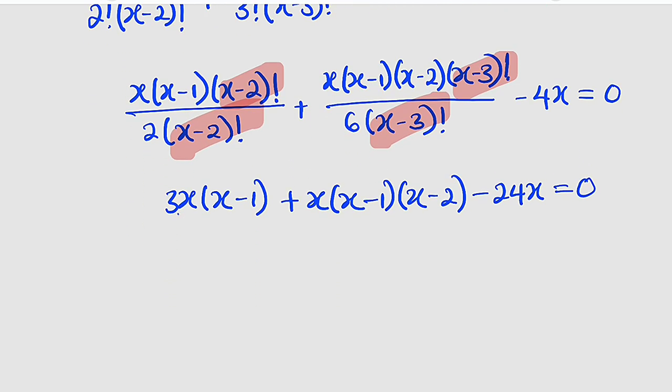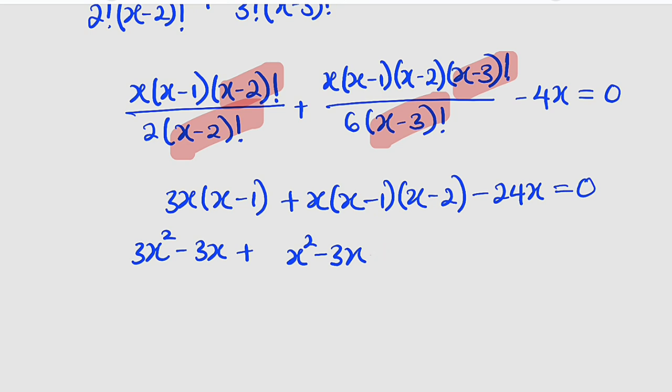Let's expand. This will give us 3x squared minus 3x times 1, which is 3x, plus, you come here. You know, these are factors of a quadratic expression. How do you factorize them? You take x squared, you add the constants, minus 1 minus 2 is minus 3, you attach x, then you multiply them together.